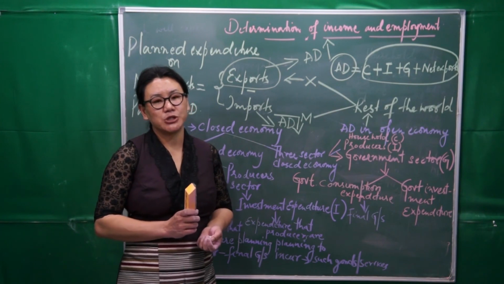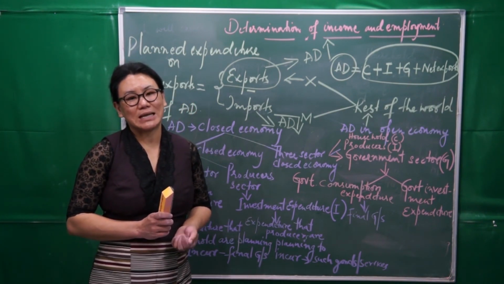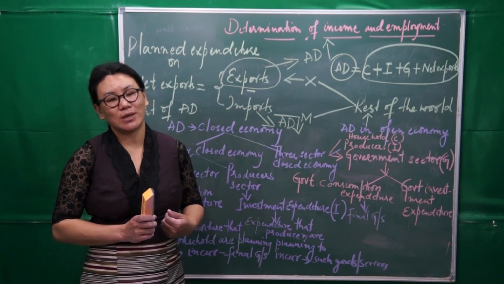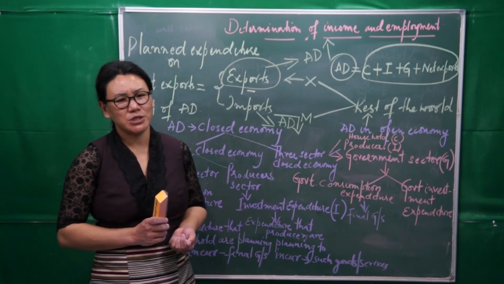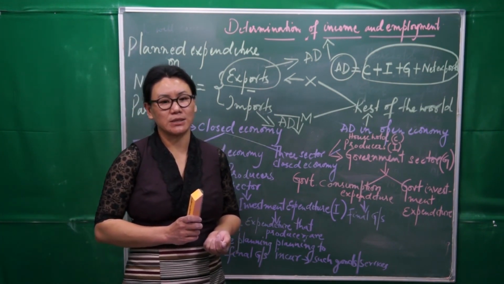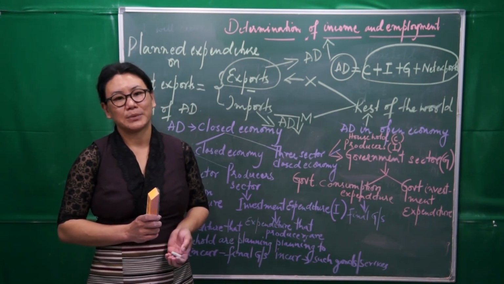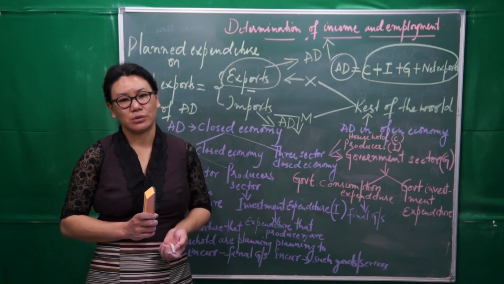And this relationship I've shown you by using AD schedule as well as AD curve. So next one, AD schedule. What is this AD schedule? A table which indicates the relationship between AD and income is called as AD schedule.